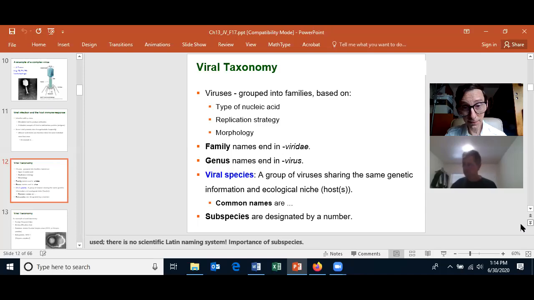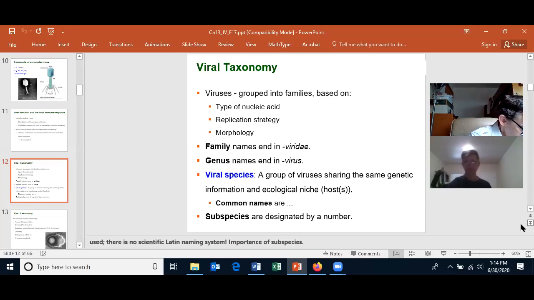The subspecies are designated by a number, and subspecies are very important for viruses. For example, one virus is the one that causes the polio disease.